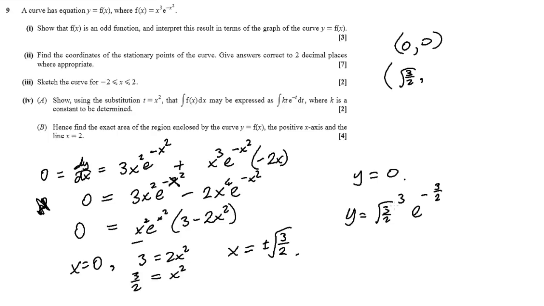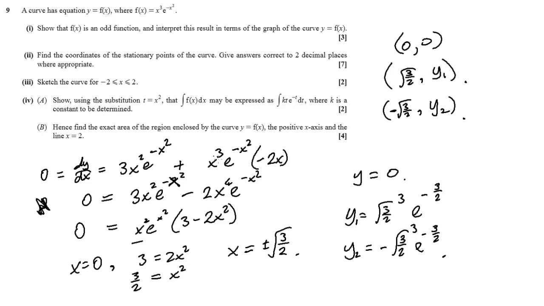Basically plug this into the calculator and it should give you some value y1, let's say. And for the second point, you just do the same except it's negative because it's odd. Plug this into the calculator as well. You should get minus root 3 on 2, y2. And so that's all the stationary points for question 9, part 2.